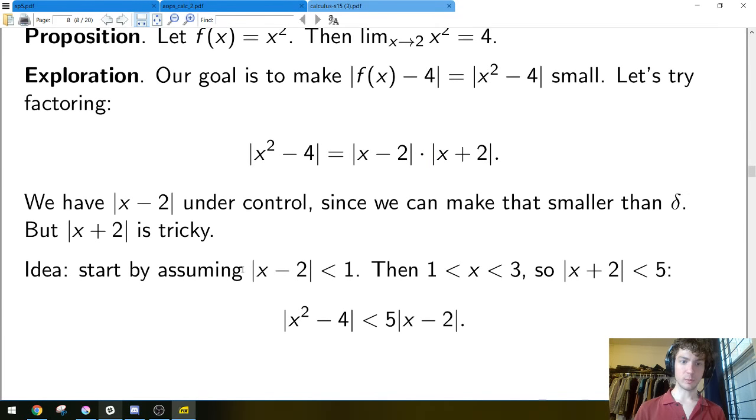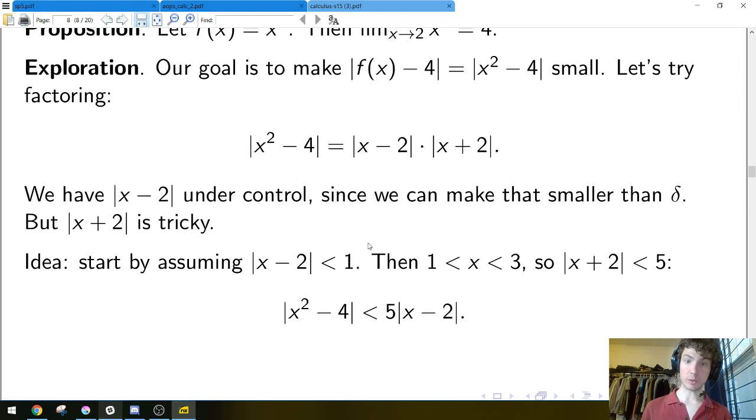So what we do is say, well, we have the power to make x as close to 2 as we like, and maybe later we're going to make it even closer than distance 1 away from 2. Maybe we will, maybe we won't, I don't know. But for now, we're at least going to exercise our power to make it a distance 1 from 2 at most. If we've guaranteed that x is within distance 1 of 2, then it lies in this range. Distance 1 of 2 means between 1 and 3.